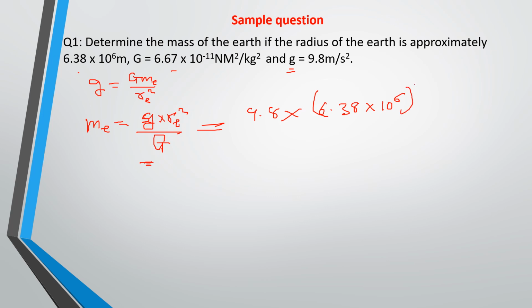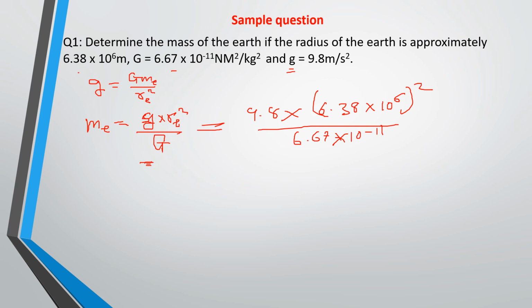divided by the gravitational constant, which is 6.67 times 10 raised to power minus 11.